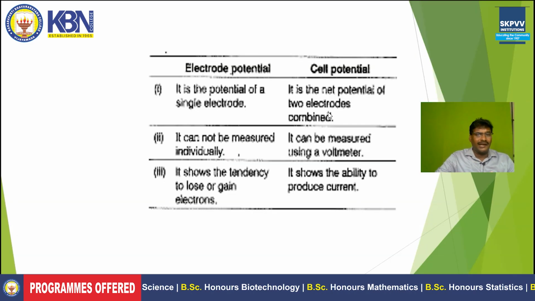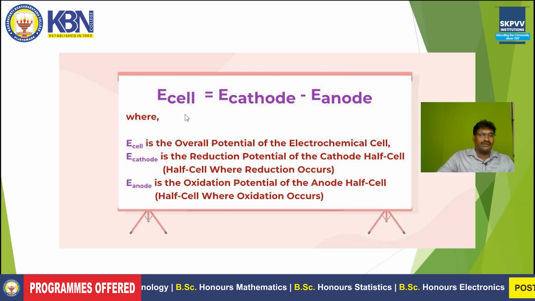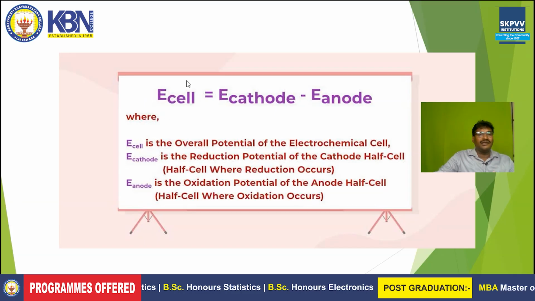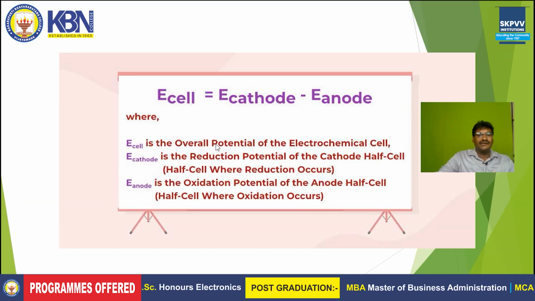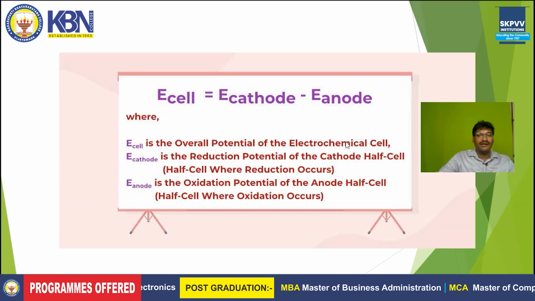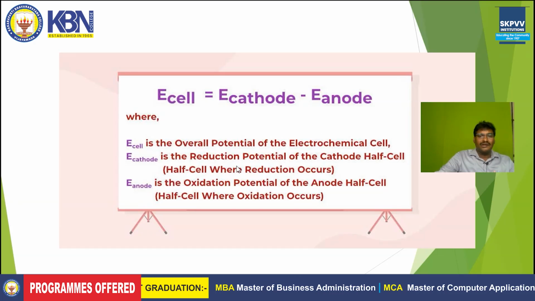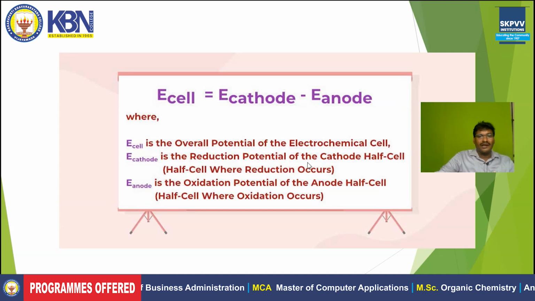Therefore, how do we calculate it if two electrodes are combined? By using this formula. This is cell potential, not single electrode potential. E cell equals E cathode minus E anode. E cell is the overall potential of the electrochemical cell. E cathode is the reduction potential of the cathode. In a galvanic cell, copper is the half cell where reduction occurs.